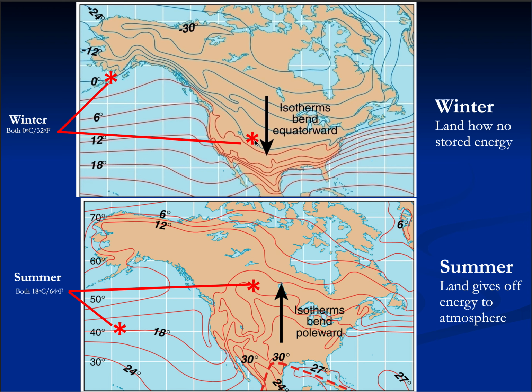This is what the difference between a continental landscape and a maritime landscape does. This maritime landscape allows Alaska to be as cold or as warm, if you prefer, as Arizona is in the wintertime. We can do this with all of these maps.